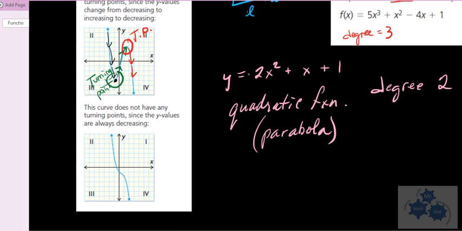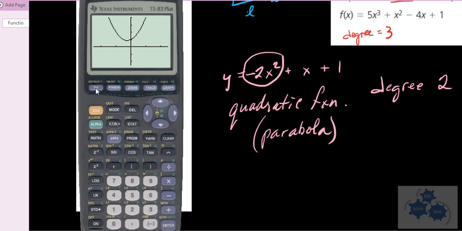Now, what happens if I do this to this function? If I make this term negative, what is that going to do, you think? Who remembers? It opens down. Okay, let's see. Now you have a little insert function here, so I'm going to do second function insert, so I don't have to write the thing over again. I'm going to put a negative in there.